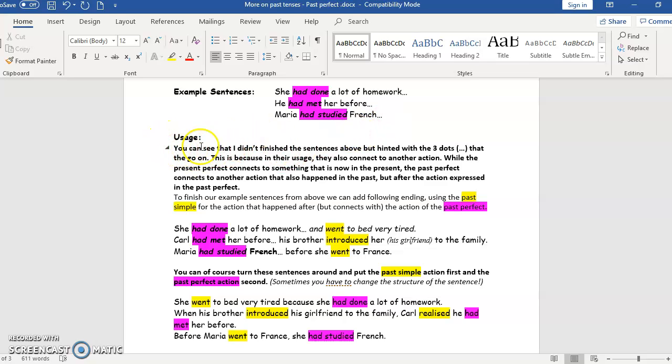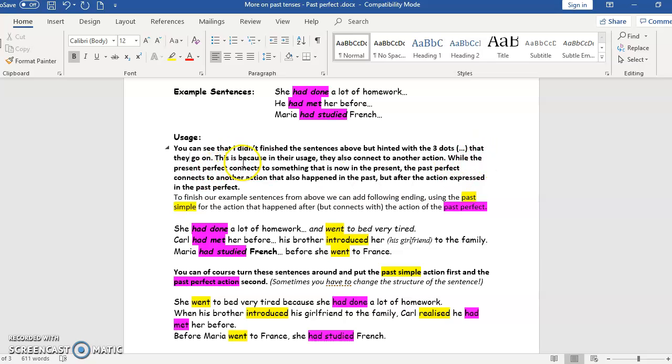Now let's have a look at the usage. You can see that I didn't finish the sentences here above, but I hinted with the 3 dots that they go on. This is because in their usage, they also connect to another action, like the present perfect.